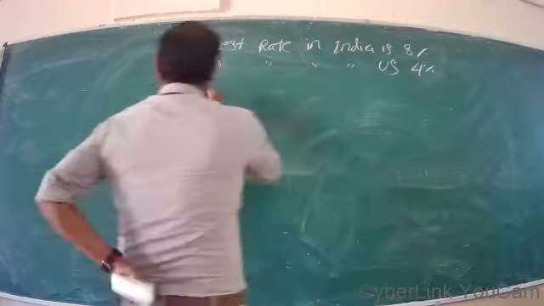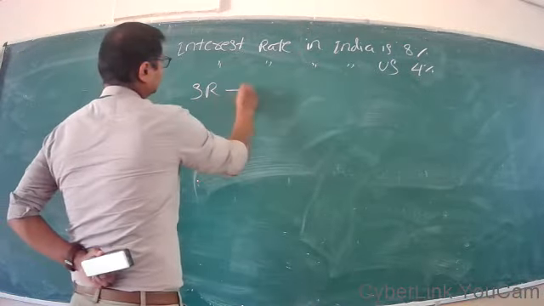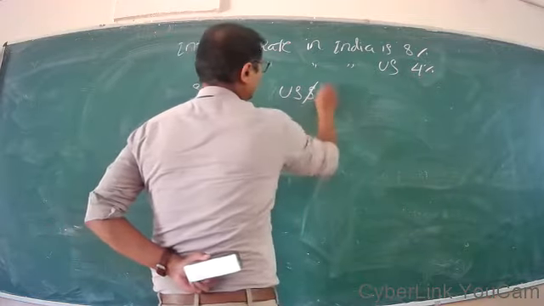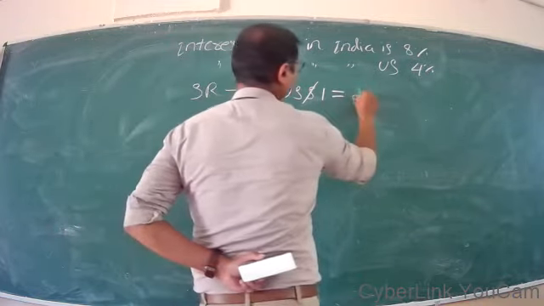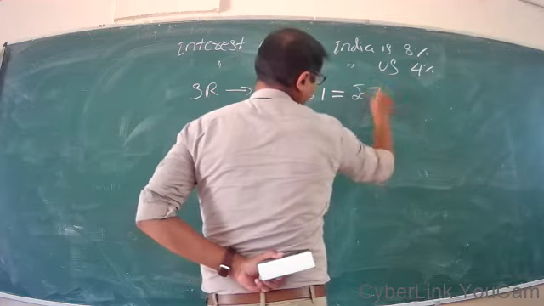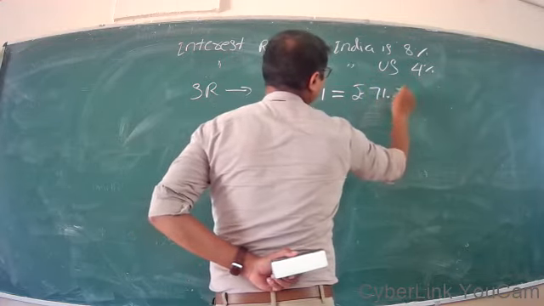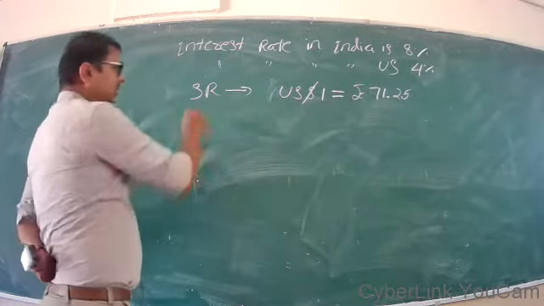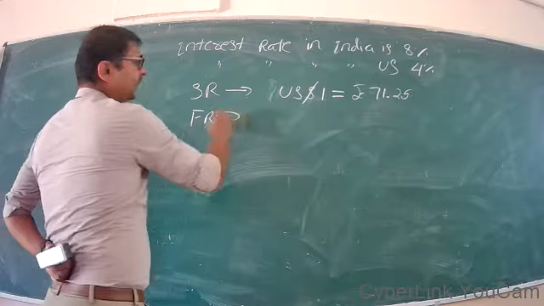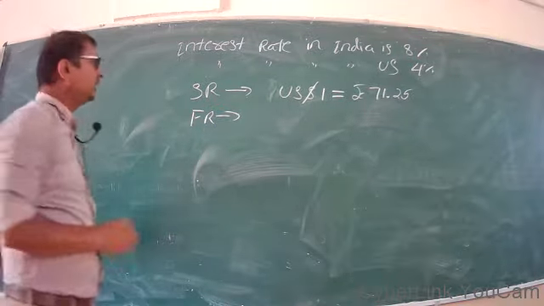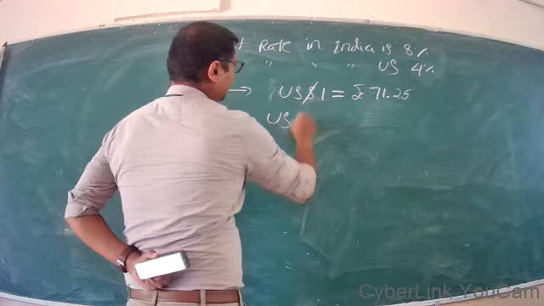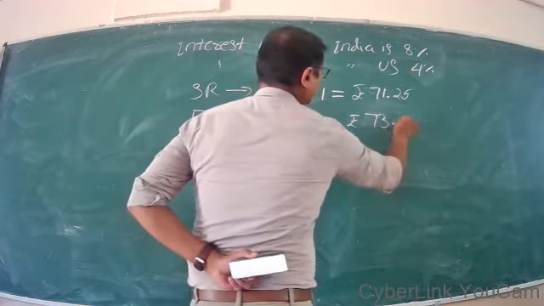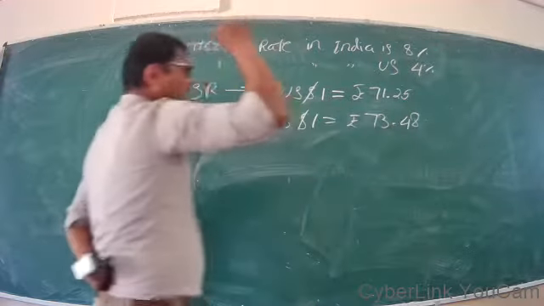and the spot rate is US dollar 1 equals rupees 71.25. After 1 year, the forward rate will be US dollar 1 equals rupees 73.48.